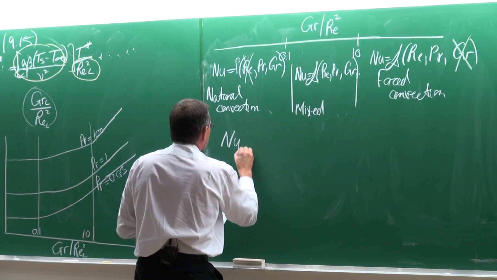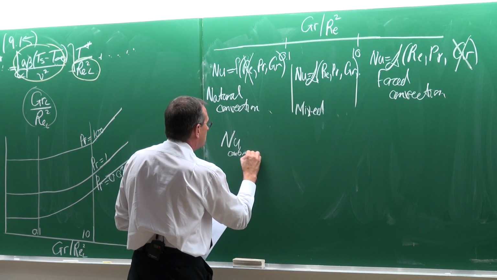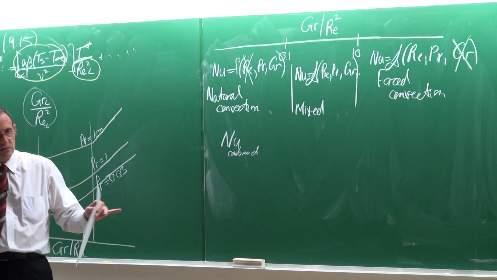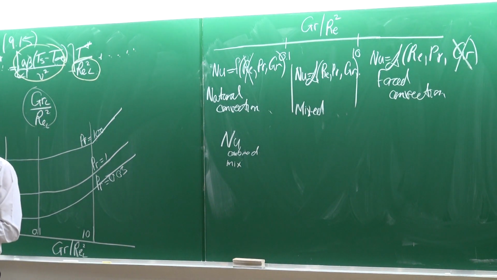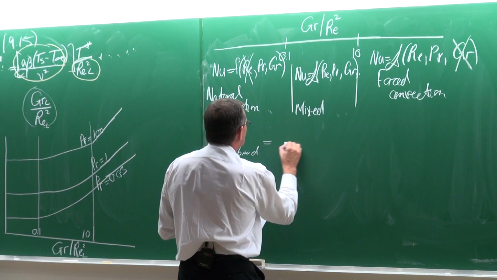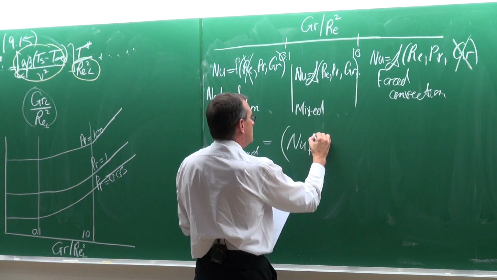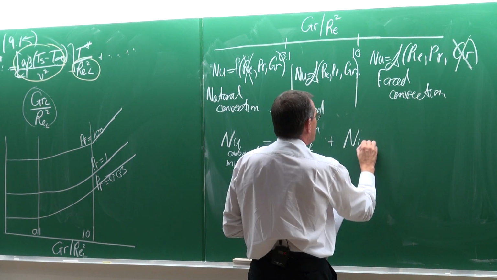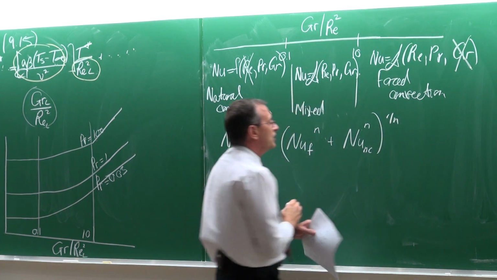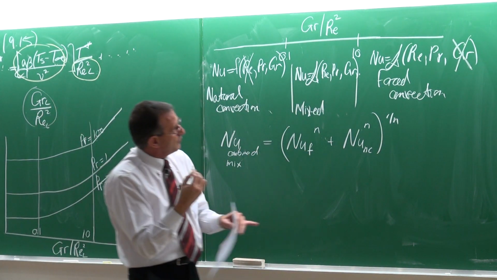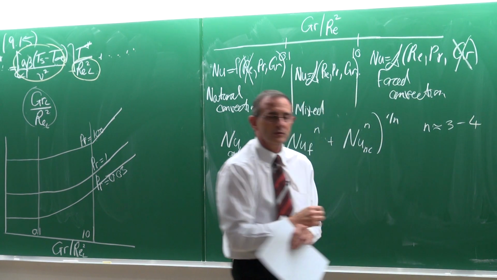The Nusselt number for combined convection, or mixed convection as I would prefer to call it, is equal to the Nusselt number for forced convection to the n plus the Nusselt number for natural convection to the n, everything to the 1 divided by n, where for a flat plate, n is approximately in the order of 3 to 4.